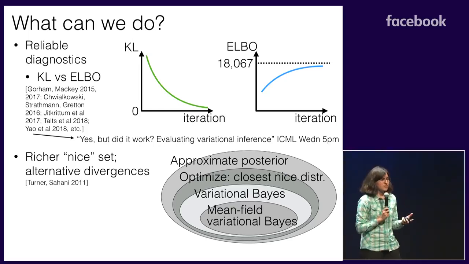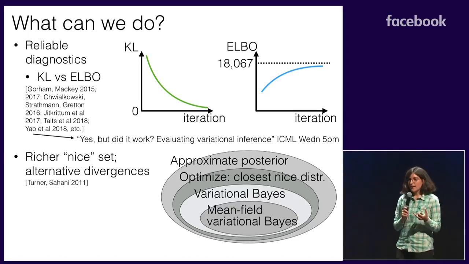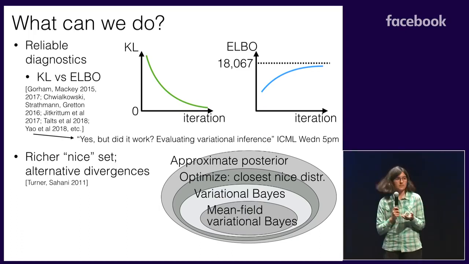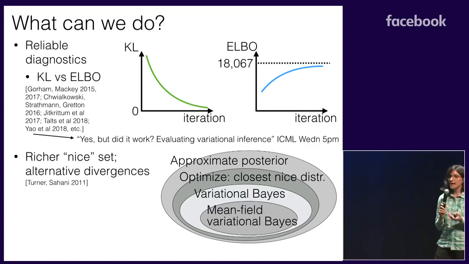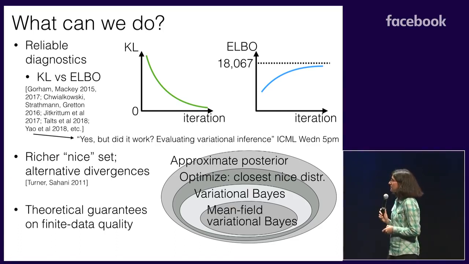It could be more user time, could be harder to do. And a lot of the methods that exist right now that get richer in terms of the nice set introduce a lot of additional work, additional assumptions, additional approximations, and we need to know how good those are, just like we need to know how good our approximations were earlier. We could try alternative divergences, but that's going to have a lot of the same questions that we have here.